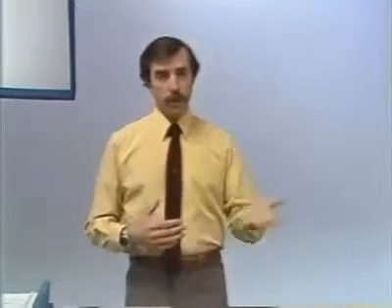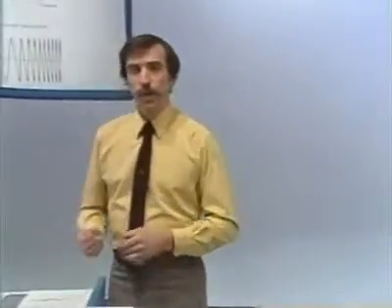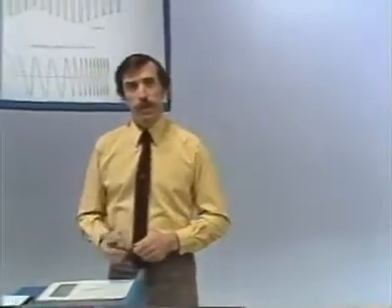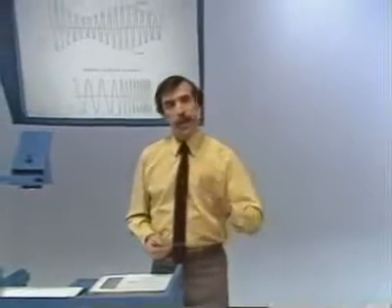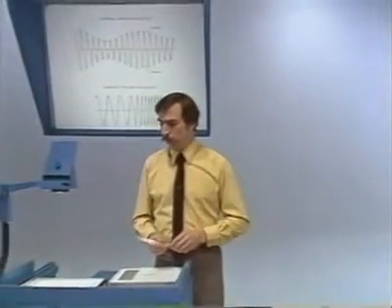Now, in general terms, what we mean when we refer to modulation is the notion of using one signal to vary a parameter of another signal. For example, a sinusoidal signal has three parameters: amplitude, frequency, and phase. And we could think, for example, of using one signal to vary, let's say, the amplitude of a sinusoidal signal.